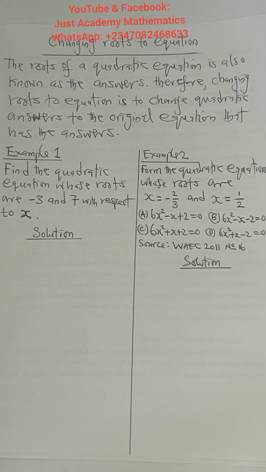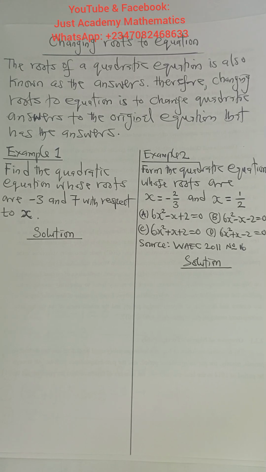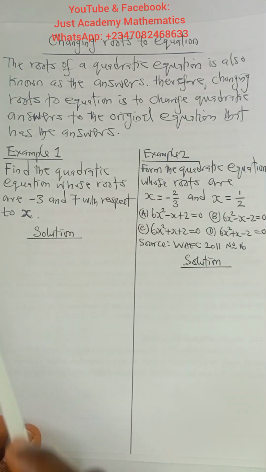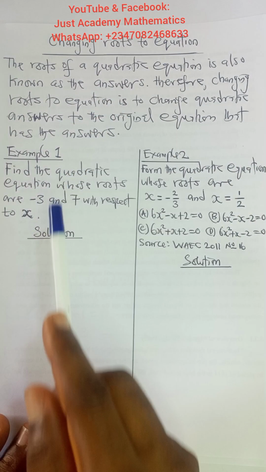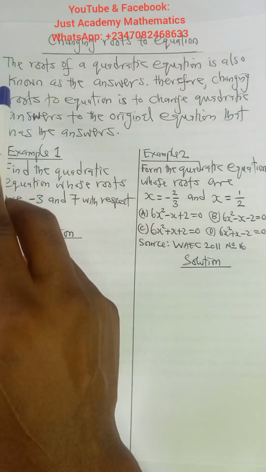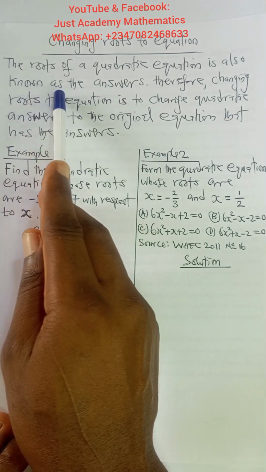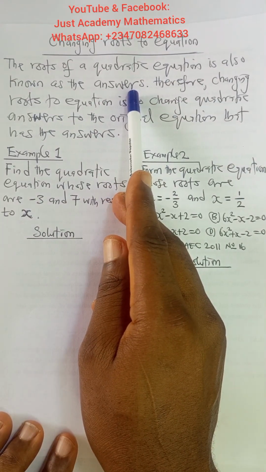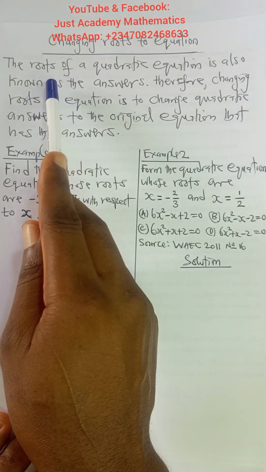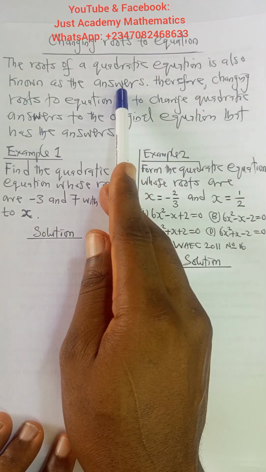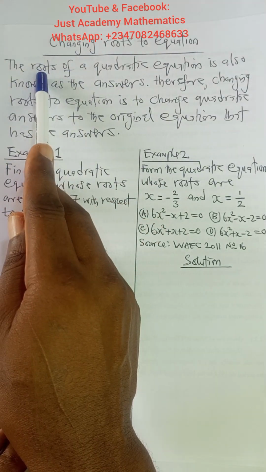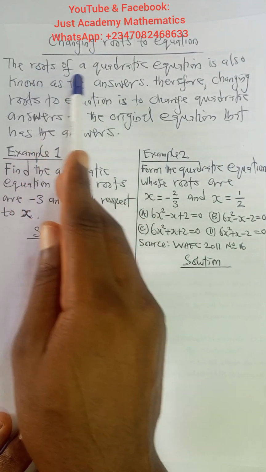But all quadratic equations have 2 answers. The 2 answers are what are called the roots of the equation in quadratic terms. So the root of a quadratic equation is also known as the answer. So in quadratic terms, instead of calling them answers, we call them roots. Do I get what I'm saying?